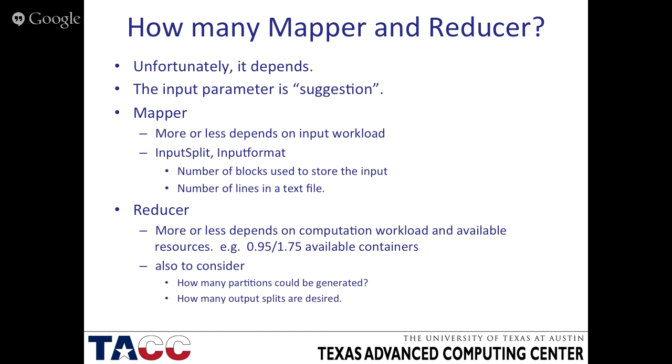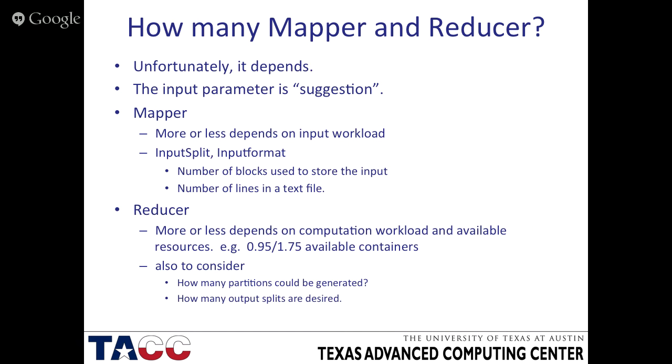So if YARN decides that for the 10 nodes it can only generate a maximum of 100 map tasks, and you give 200 map tasks, even if you have 2,000 blocks and 2,000 input splits, you'll still only be able to run, say, 100 of those map processes.